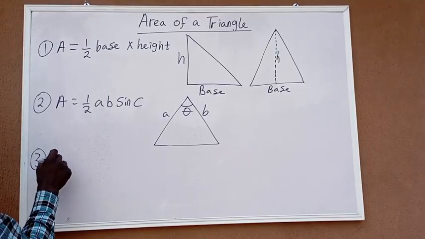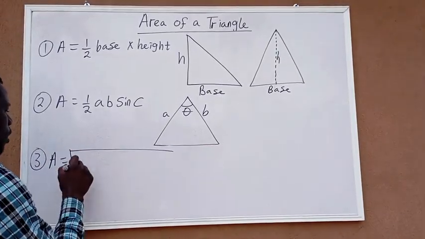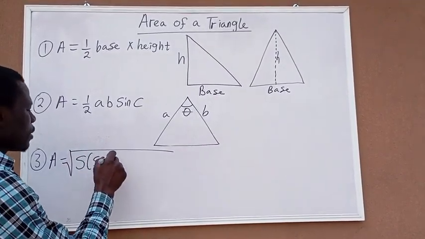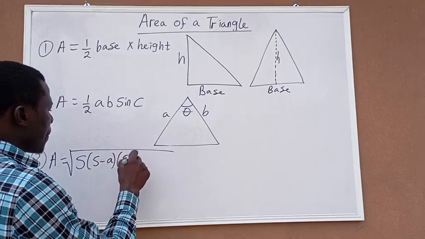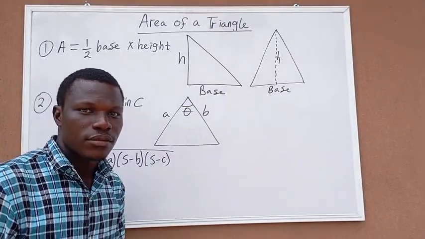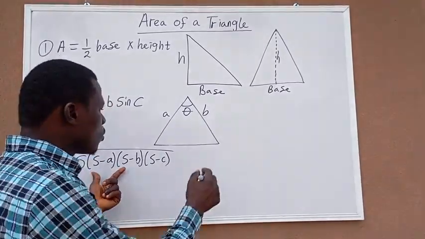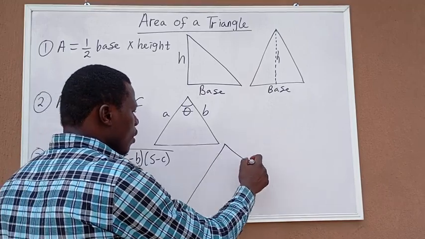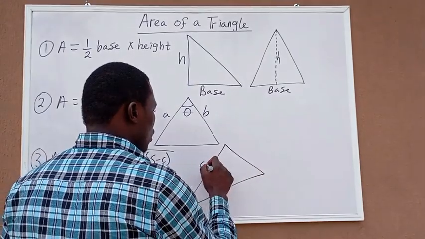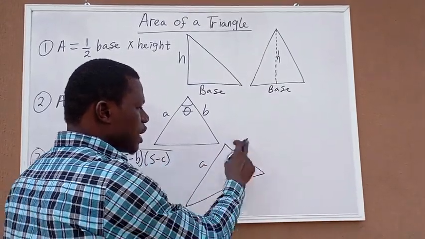Number 3, you have the square root of s into bracket s minus a, s minus b, and s minus c. This time around, you have a triangle where all the three sides are given. So A, B, and C are the three sides.